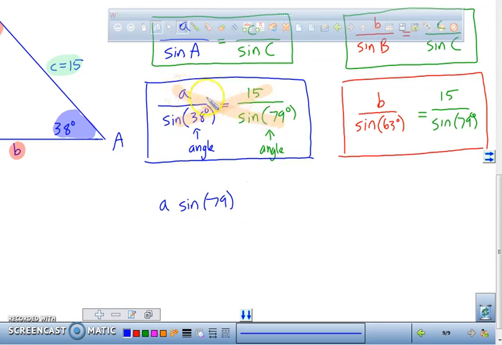That's the product between those two. What does that equal? That equals 15 times the sine of 38. A times the sine of 79, I put right here. 15 times the sine of 38, I put right there. So I'm going to rewrite that so you guys can see the cross products, because we have one more step.